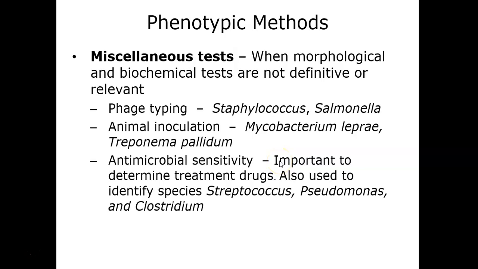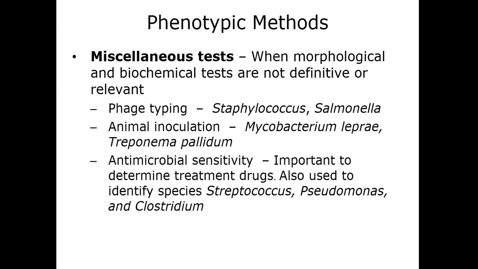And then we have a series of miscellaneous tests. So we already talked about phage typing, which allows us to distinguish bacterial strains, so things like Staphylococcus and Salmonella. Remember that when we look at the hierarchy of how things are classified, we go from kingdom to species, species being the most specific.